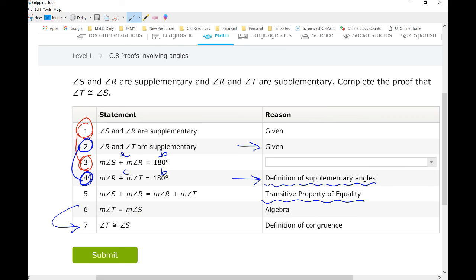We went from number language to object language, and that's what our proof statement was up at the top. We said the measure of angle T is equal to the measure of angle S. That means that the object angle T is congruent to the object angle S. We'll continue to work on this, but hopefully that gives you an introductory place as to where to go with it.